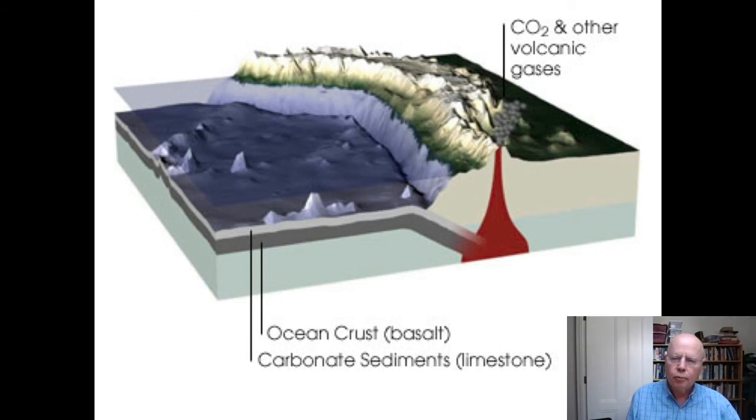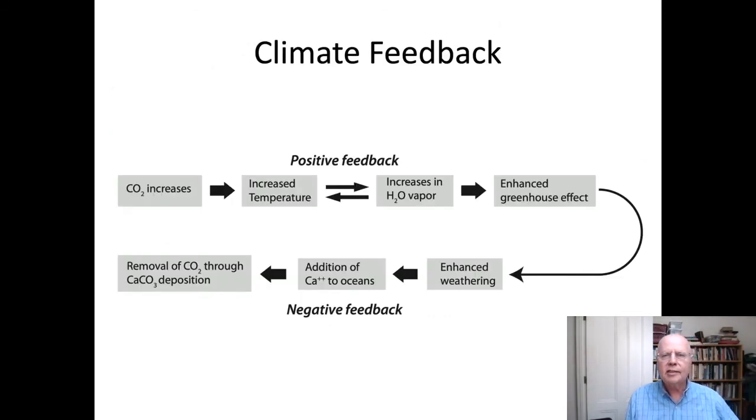That's removing carbon dioxide from the system. So we have inputs, CO2 coming out of volcanoes, and outputs, CO2 being sequestered into rocks at the bottom of the ocean. So how does this feedback work? As the CO2 increases for whatever reason, that leads to increased temperature. That increased temperature, and it's a little tiny increase, leads to a positive feedback because it causes more water to dissolve in the atmosphere.